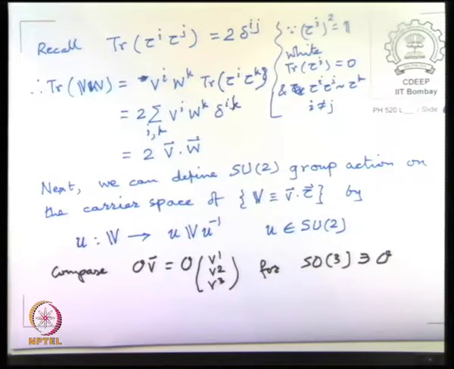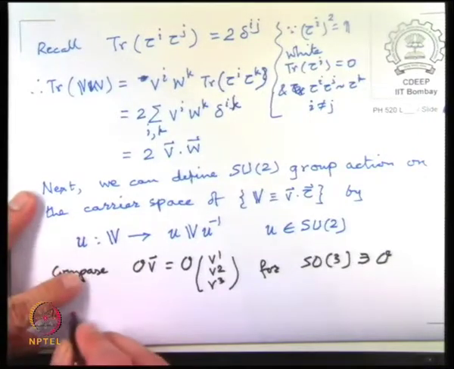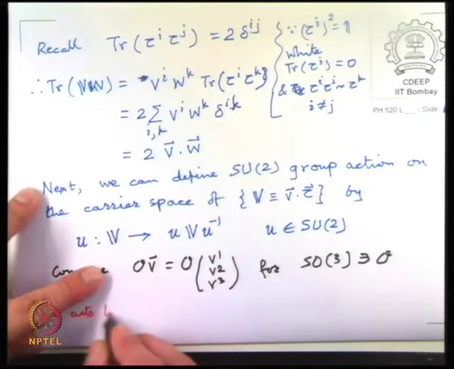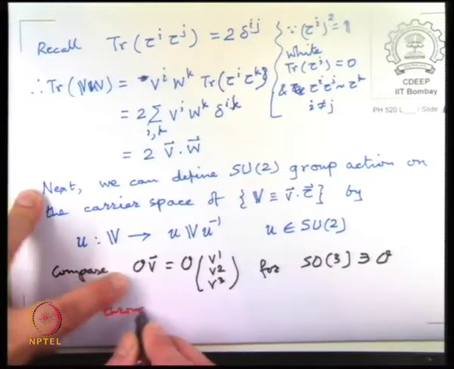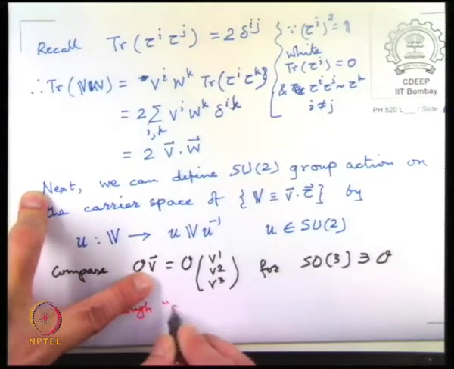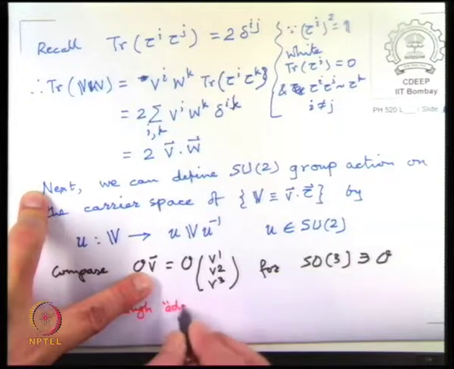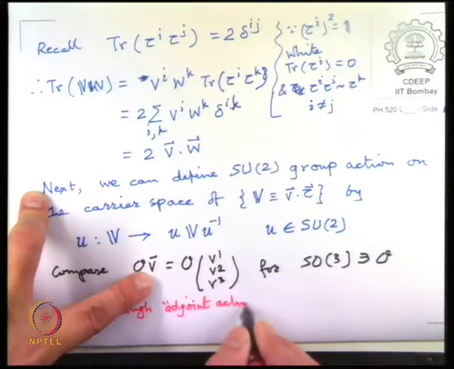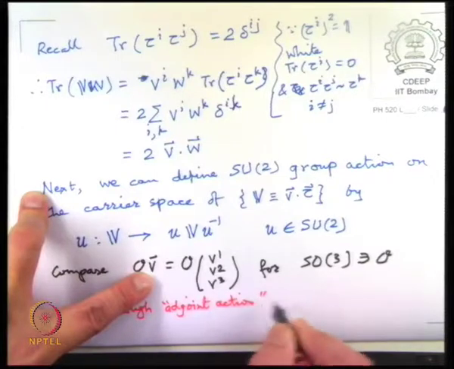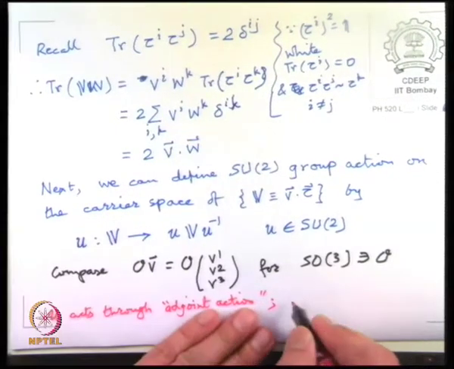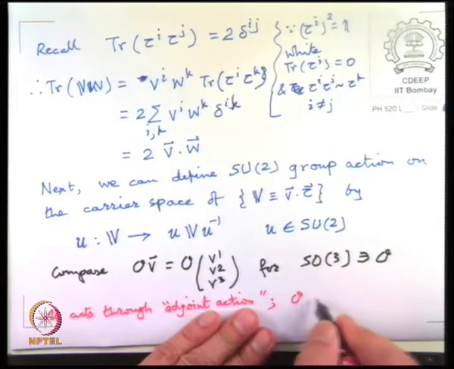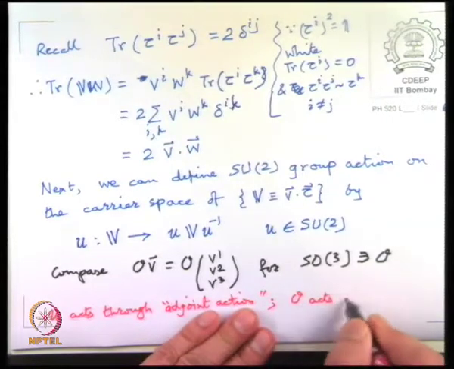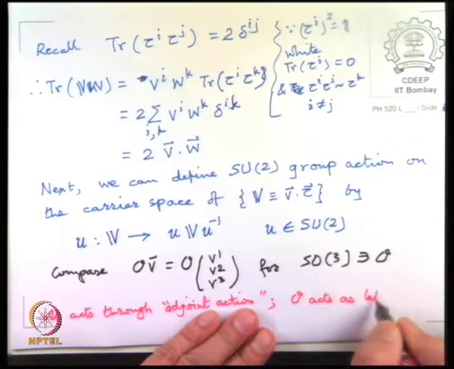So U acts through similarity transformation, what is called adjoint action. Whereas O acts through left action, left multiplication.